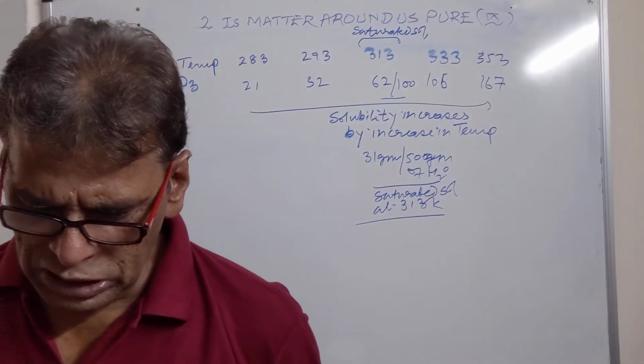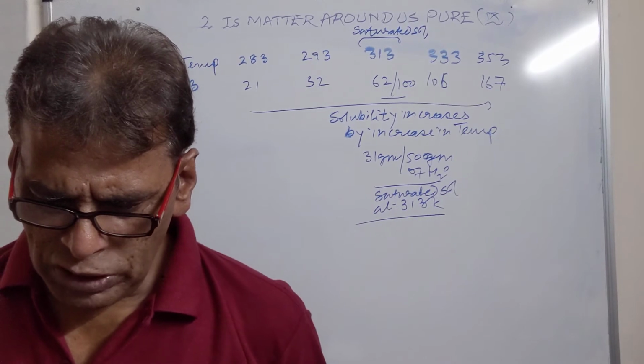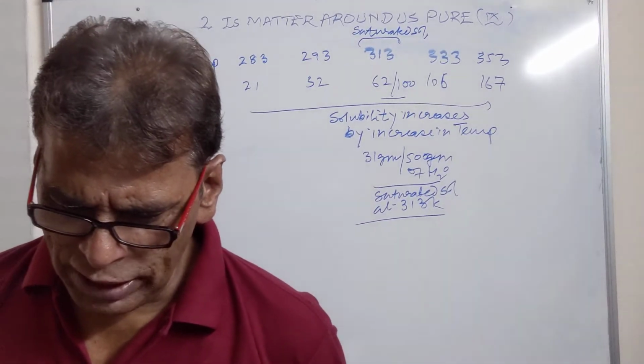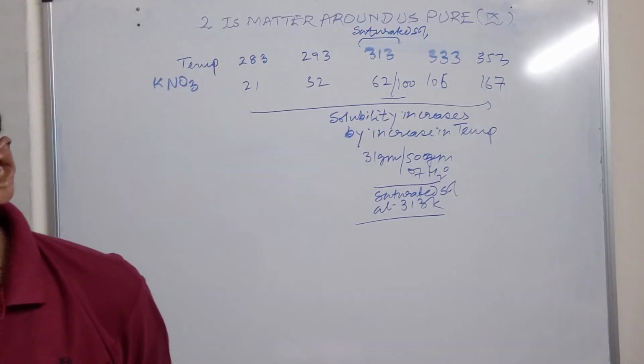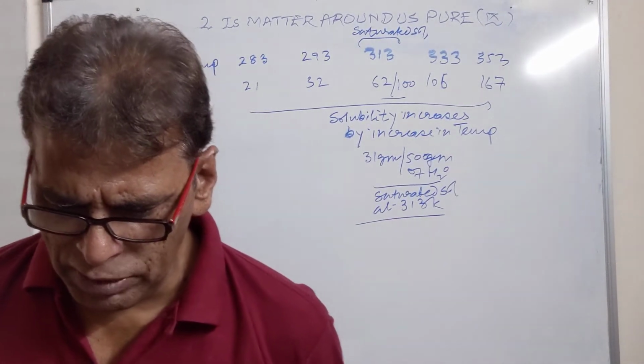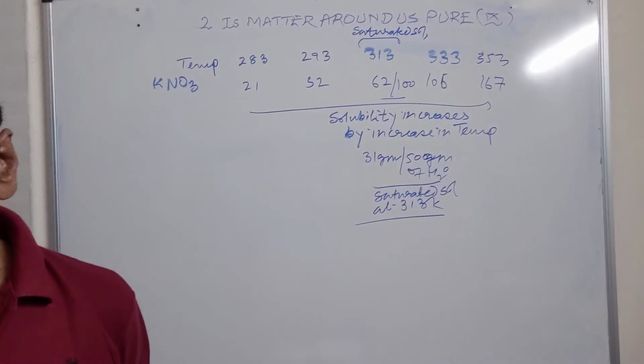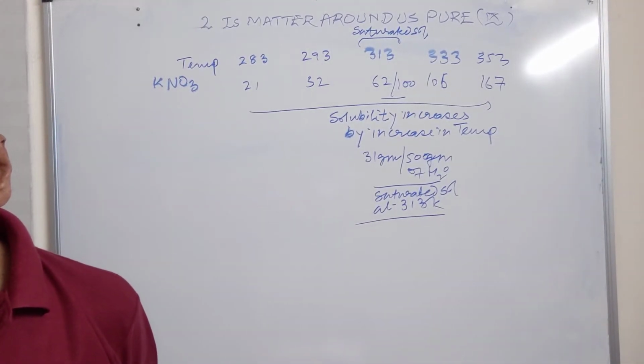Then he says, find the solubility of KNO3 at 293 Kelvin. What is the solubility of KNO3 at 293 Kelvin? At 293 Kelvin, it is dissolving 32 gram in 100 gram of solvent.